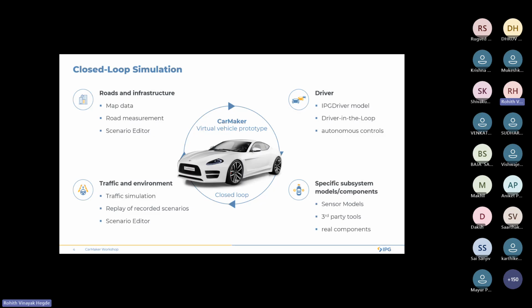Next is traffic and environment. In CarMaker, you can add traffic. You can create different types of scenarios where your virtual test vehicle will behave as a real vehicle running on the test tracks.